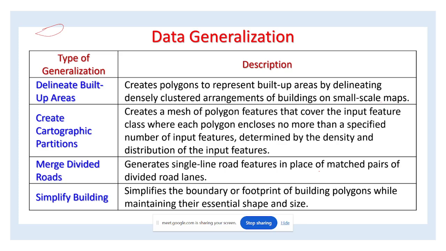If you're given an image of a region where you have buildings present, you might have a forested area present, you might have a water body, roads present. All these things, we'll be representing in terms of polygons, polylines, and points. So such generalization can be done.